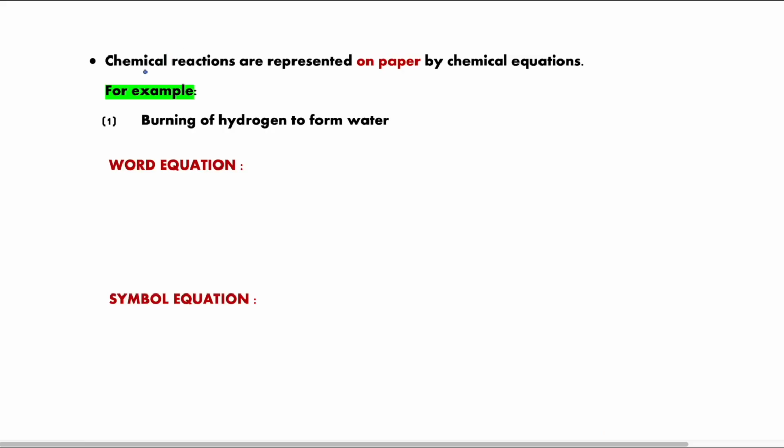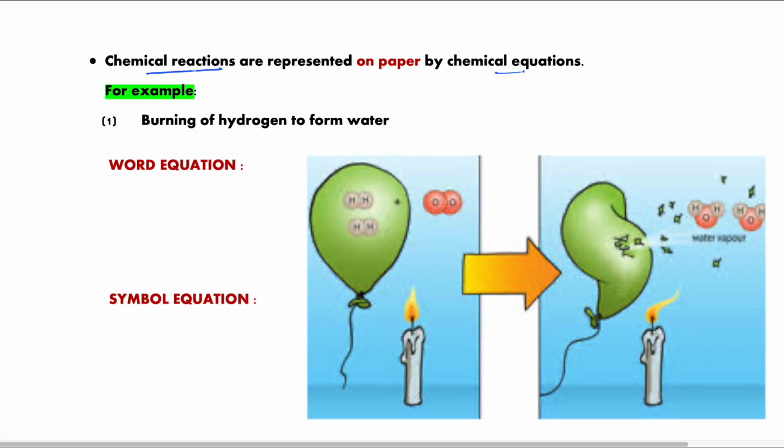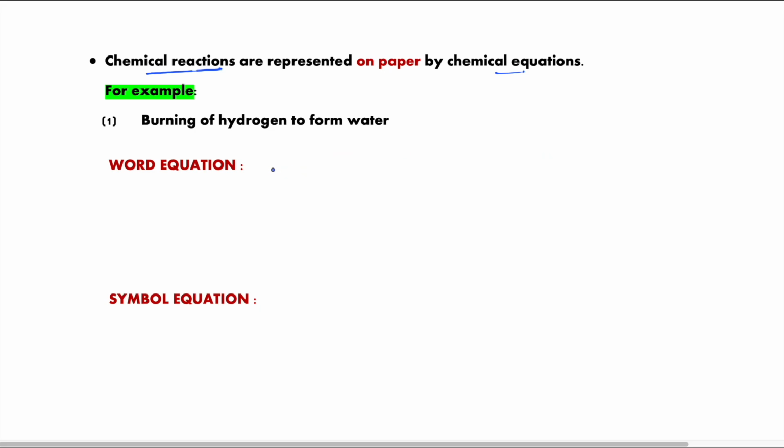So children, from our previous video we know that whenever a chemical change occurs, a chemical reaction takes place, and chemical reactions are represented on paper by chemical equations. Let us understand this with an example. For the chemical reaction of burning of hydrogen to form water, we will write the chemical equation.